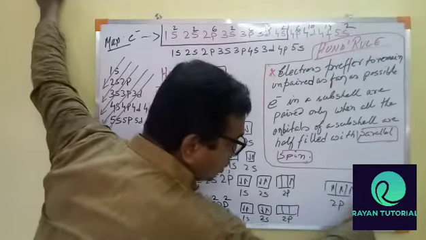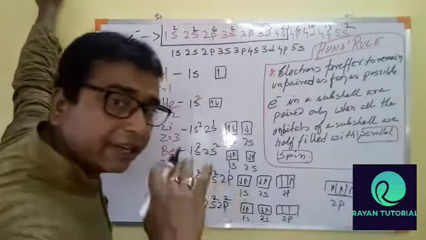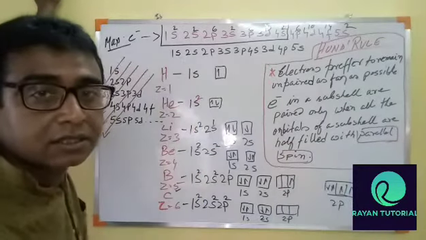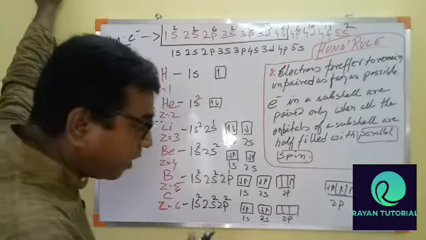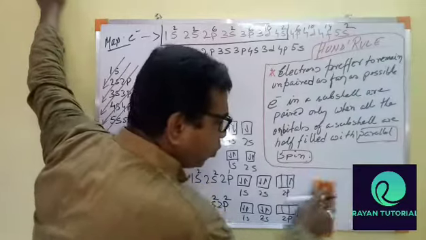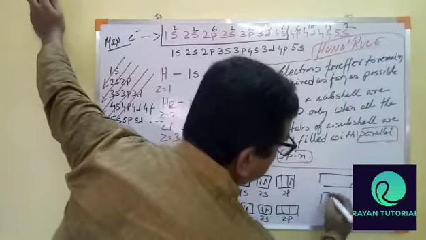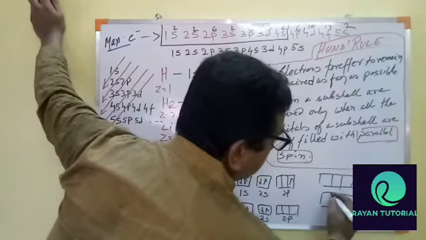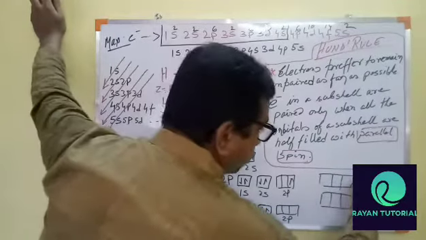Suppose there are 4 electrons. Now these 3 are already filled. Then one more electron will come and occupy this place. Understood? So first, suppose you got 2 electrons.